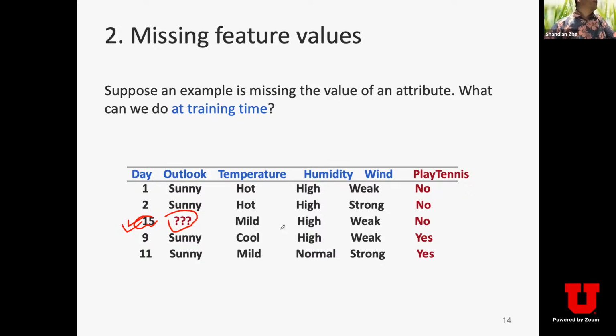Impute data. They use it as testing data. Yeah, that's one example. But for the testing data, you still need to tell the decision tree which value of outlook you're going to choose. Otherwise, you cannot use your decision tree.